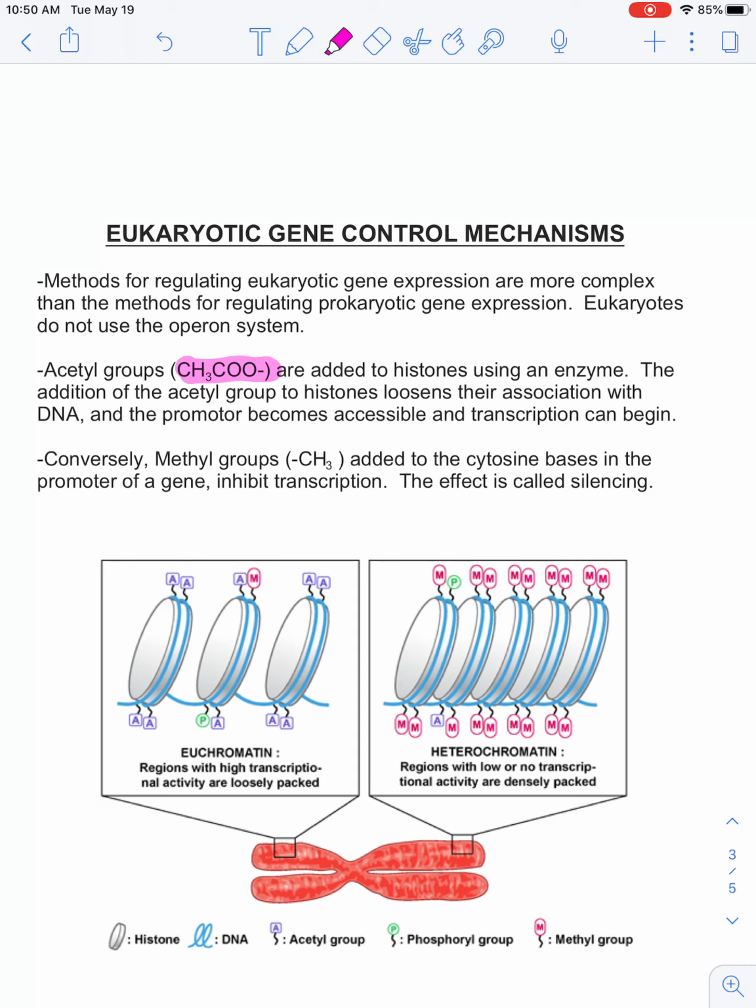So for genes that you use all the time, there are a lot of acetyl groups attached to the histones that they're wrapped around, because we want them available for transcription and translation all the time. So this is how your environment triggers expression.